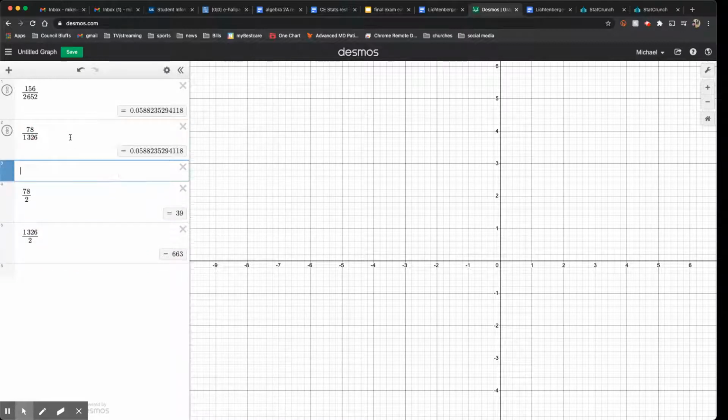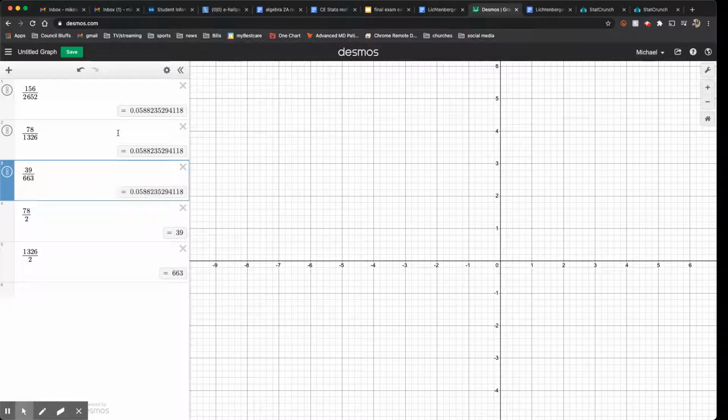Now I'm at 39 out of 663. Now, we know that they're not divisible by 2, because they're both odd numbers. So let's see if they're divisible by any other numbers. Is 39 divisible by 3? Is 663 divisible by 3? Yes, that one is.